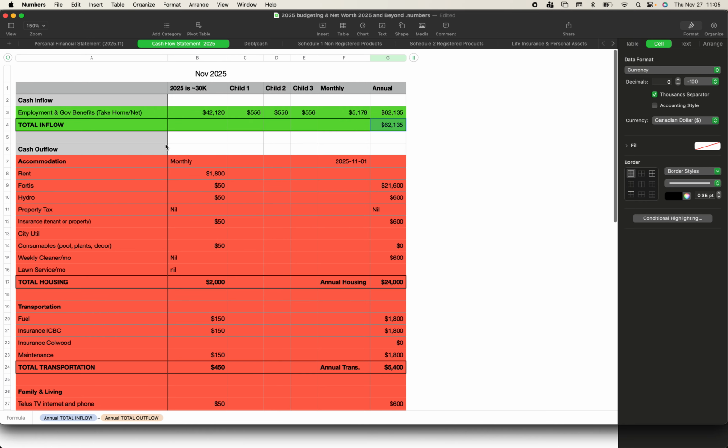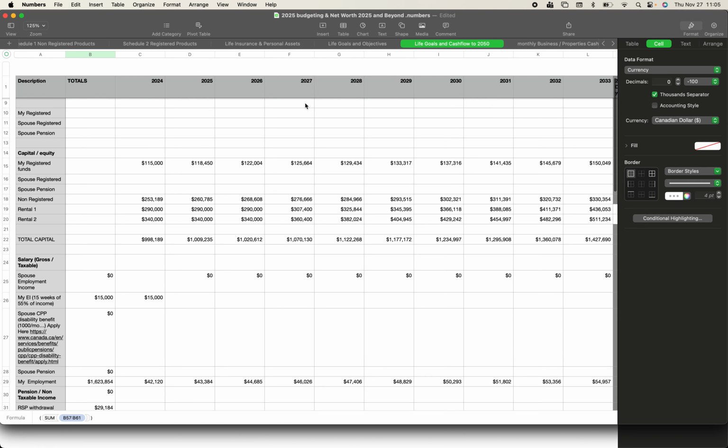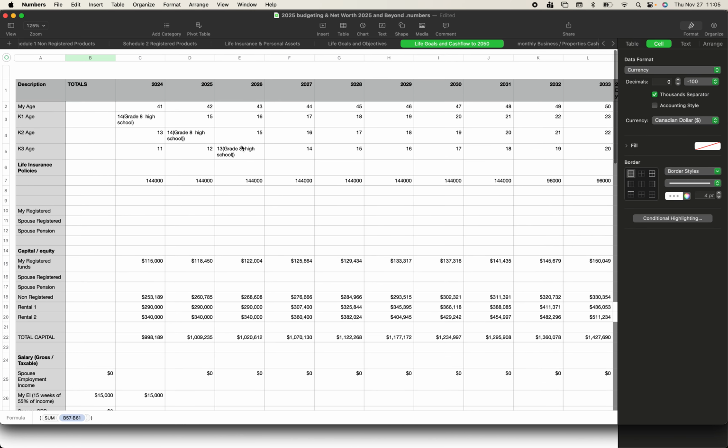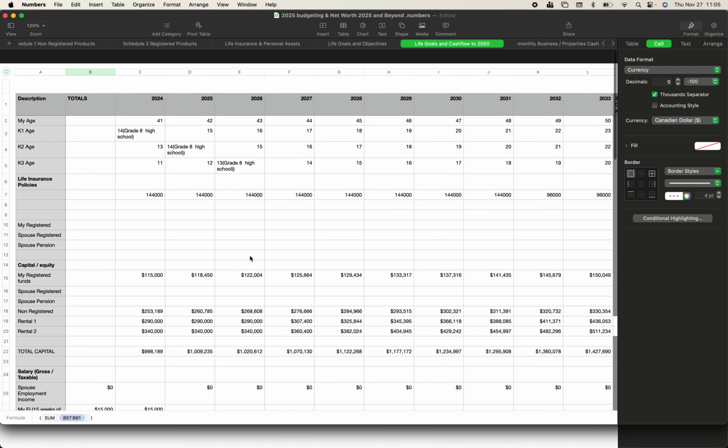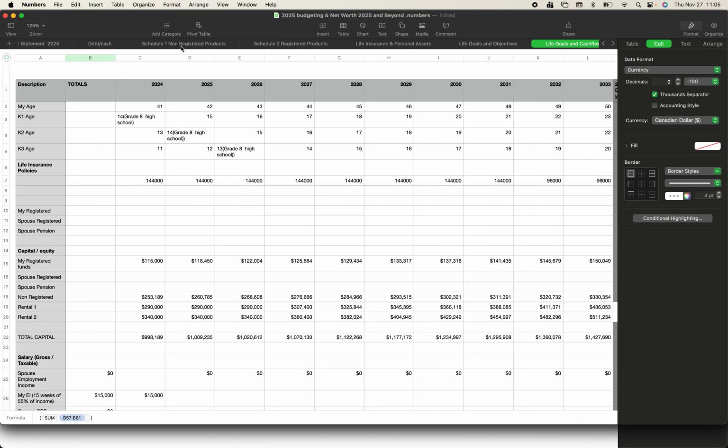It starts here with the cash flow statement, and I find it to be a really useful tool for long-term planning to input your life goals and your projected income and assets and everything year by year until the day you die, hopefully.